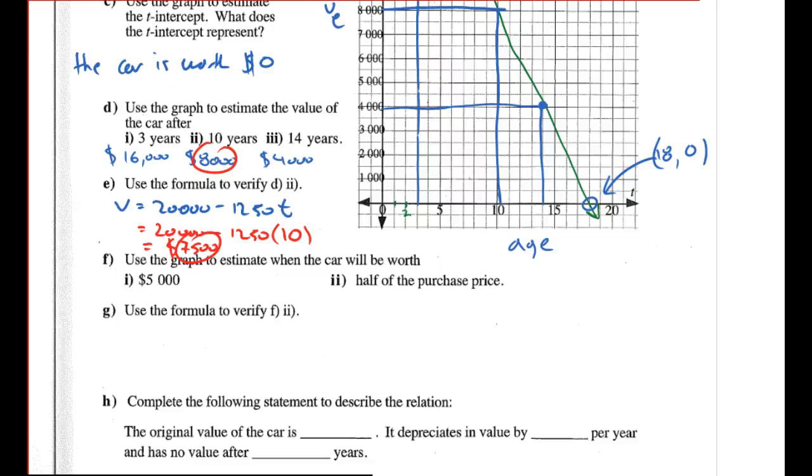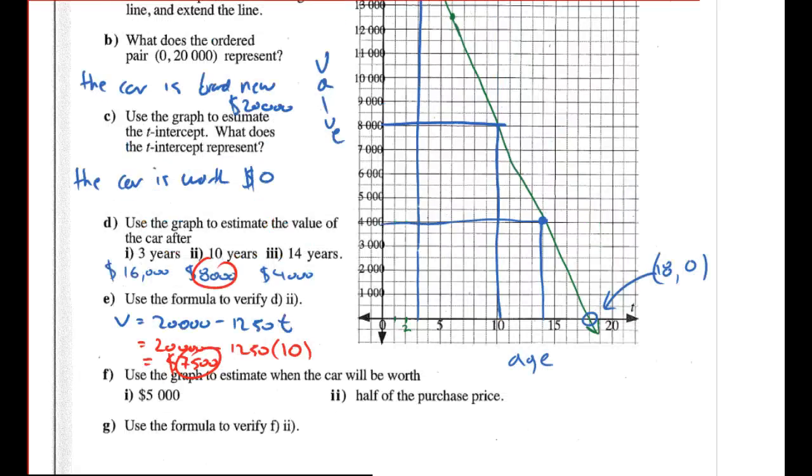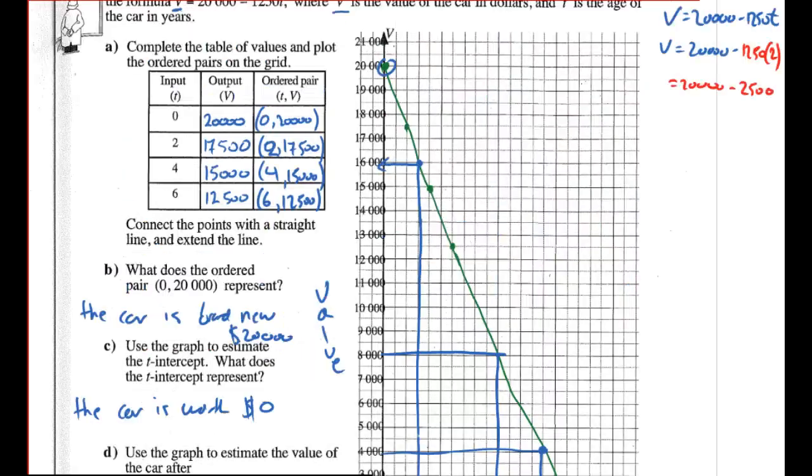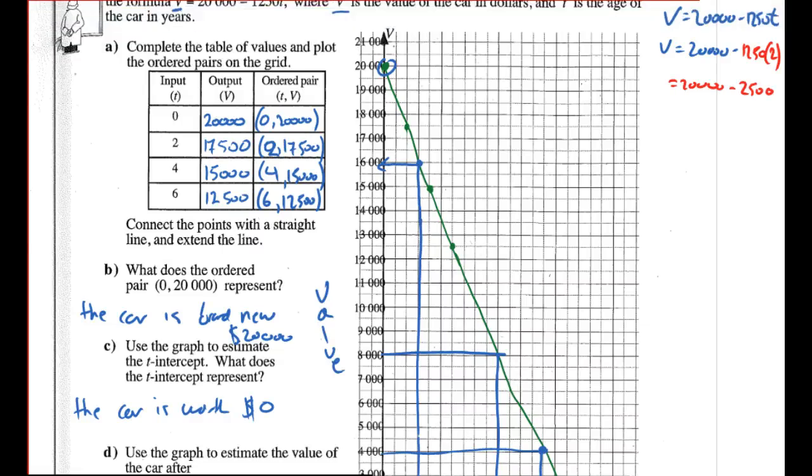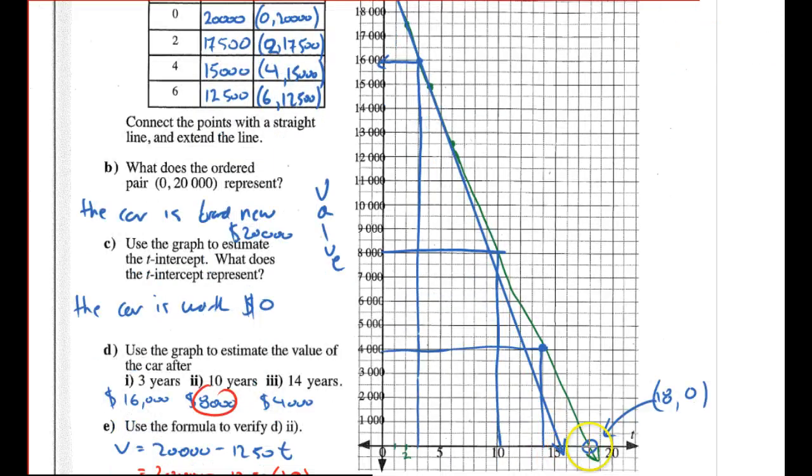So always use a ruler when you're drawing your straight lines. As a matter of fact, I'm going to take out the straight line tool on the program here. Let me see if I can find it. There it is. There's my straight line. I'm going to go through these points because those points are for sure correct.